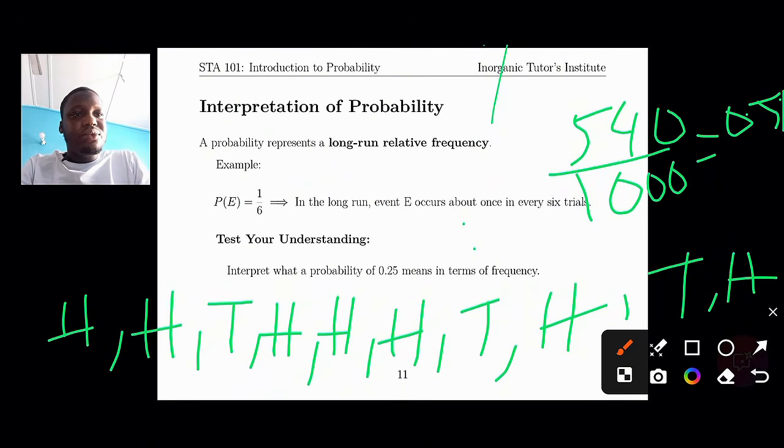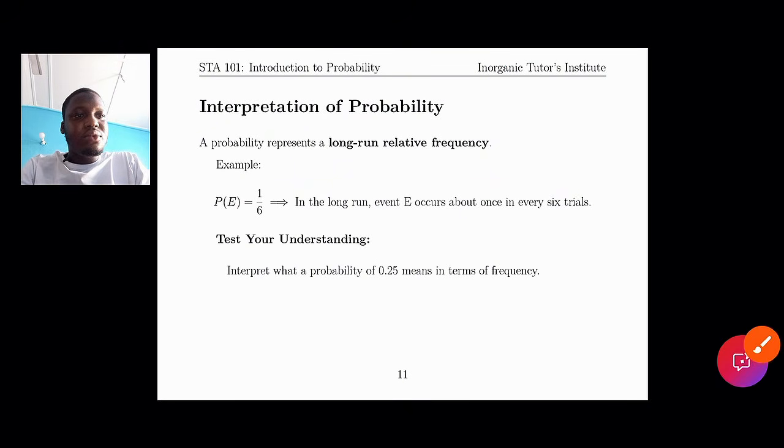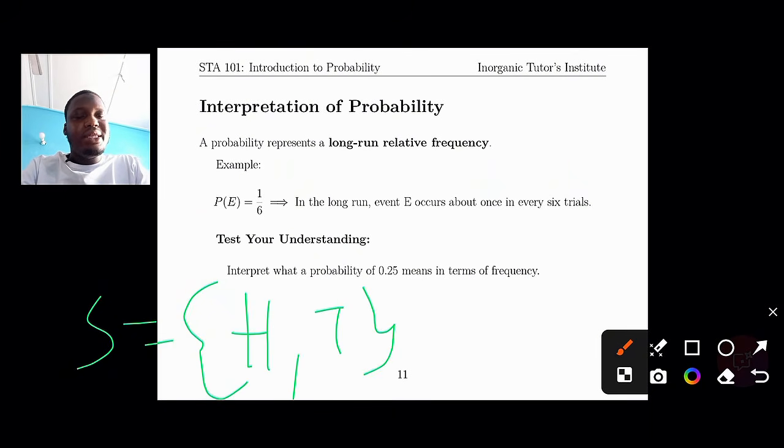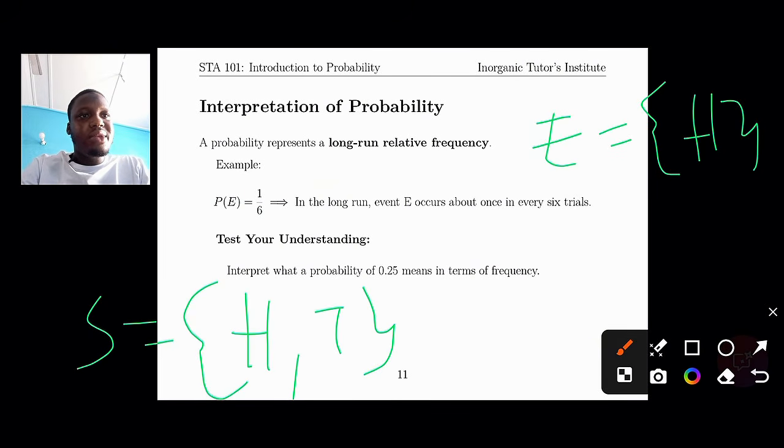When you toss a coin, the sample space is head and tail. So by classical probability, the event of getting a head is H, and this is 1 out of 2.